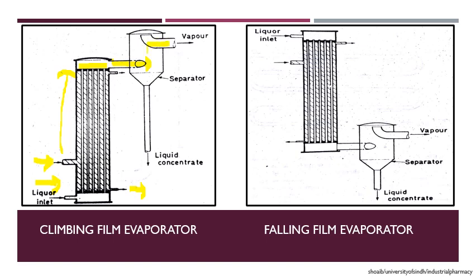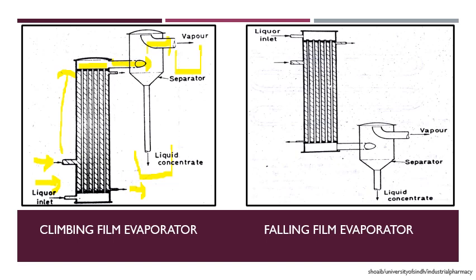These vapors go through this channel and will be collected separately if the solvent is expensive, and our product is collected from downside as a liquid concentrate. The climbing film evaporators are more suitable for thin liquids which are to be concentrated.